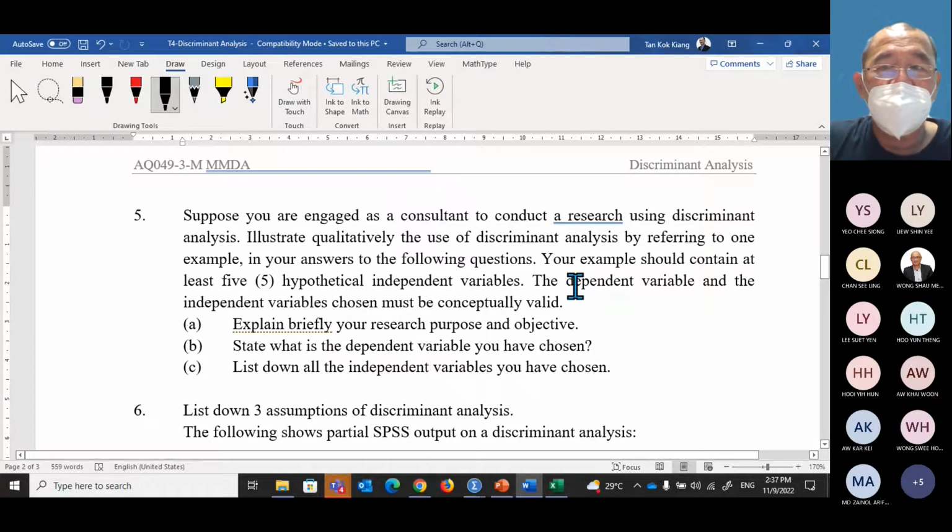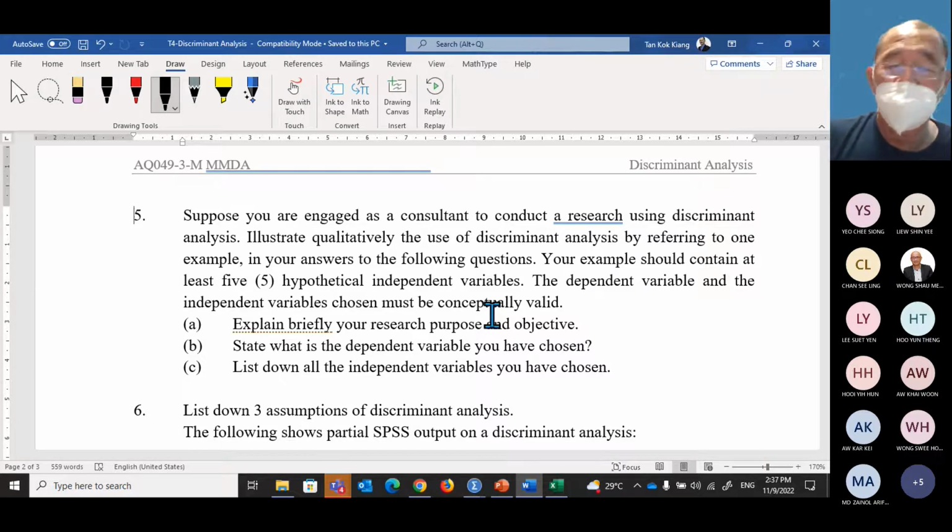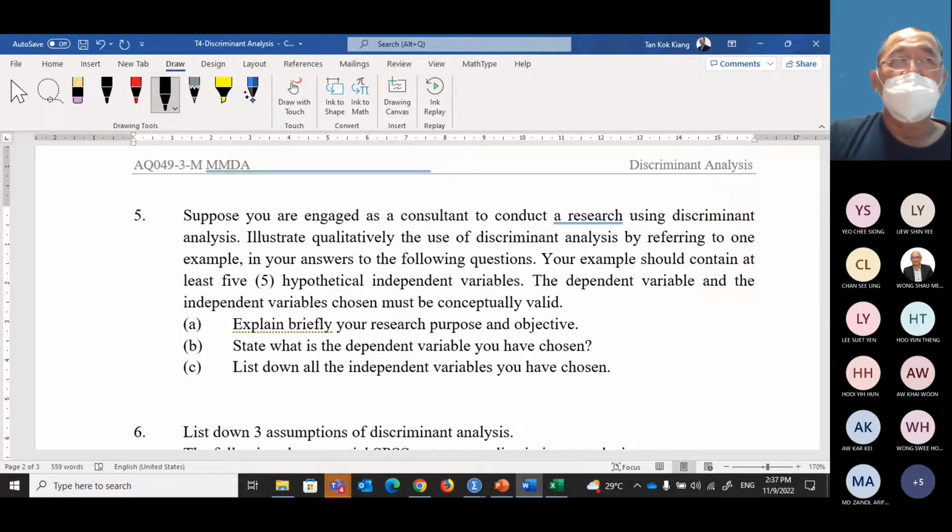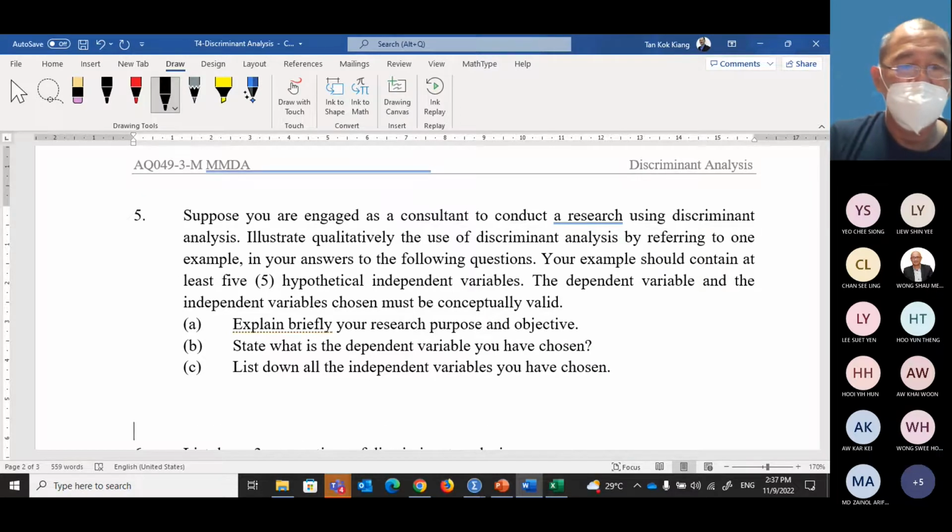The dependent and independent variables chosen must be conceptually valid. It means you can discuss logically the impact on the dependent variable, why the independent variable is helpful in distinguishing the categories.